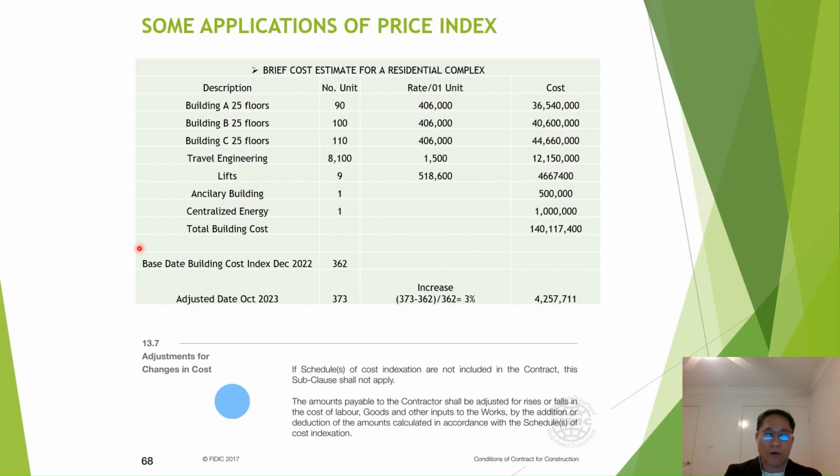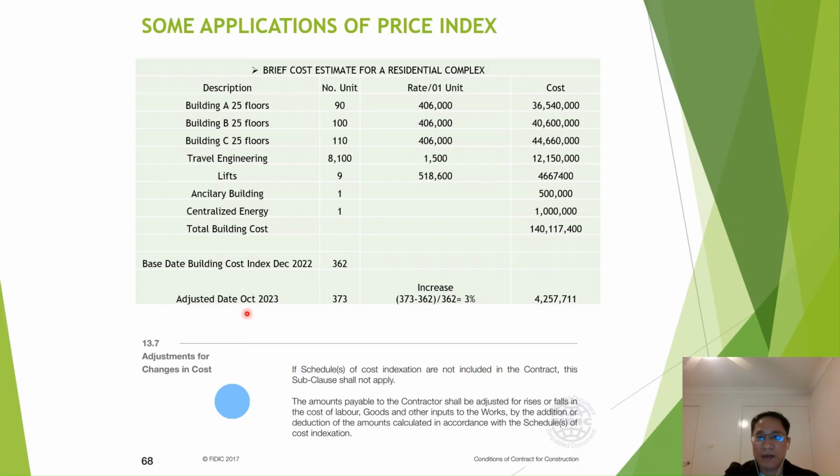But the estimate made based on historical data of the client has to be amended for inflation. So in order to do that, we have to use the building cost index. In here, the building cost index is about 362, and we need to adjust this for the date.